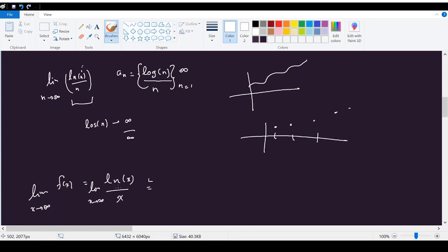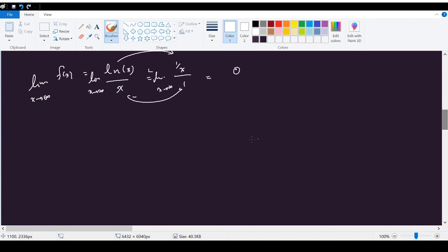L'Hopital's rule says the same limit you can obtain by differentiating the numerator and the denominator separately. So this becomes the limit as x goes to infinity of 1 over x, the derivative of ln x, over 1, the derivative of x, which becomes 0. In other words, the limit of this function when x goes to infinity is equal to 0.